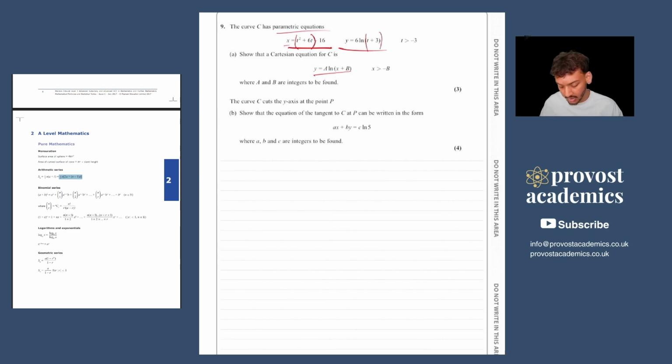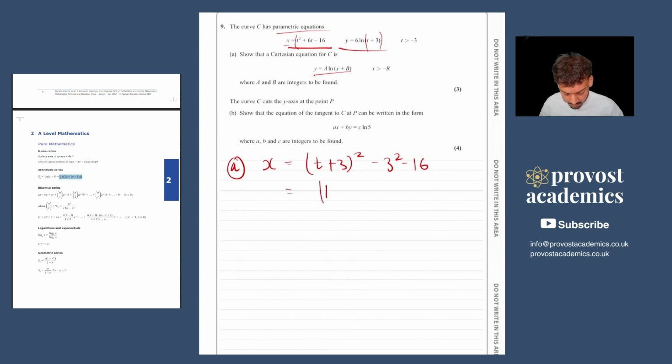So I'm going to complete the square on x, find an expression for t plus 3, and I can grab the whole thing and just shove it into y, and I should get the expression I'm looking for. So for part A, x equals t plus 3 whole squared minus 3 squared minus 16, is it? Yeah, minus 16.